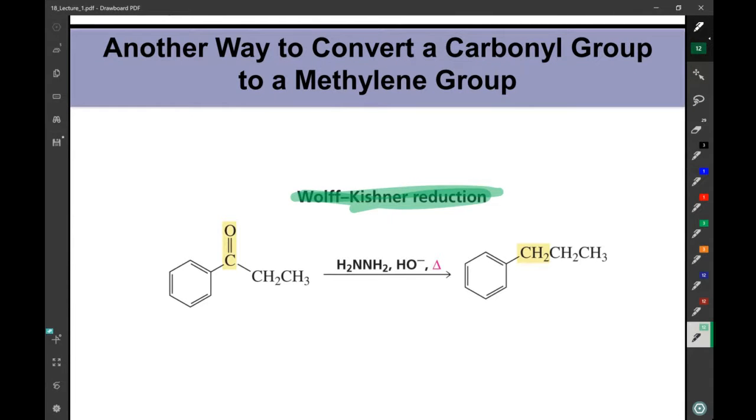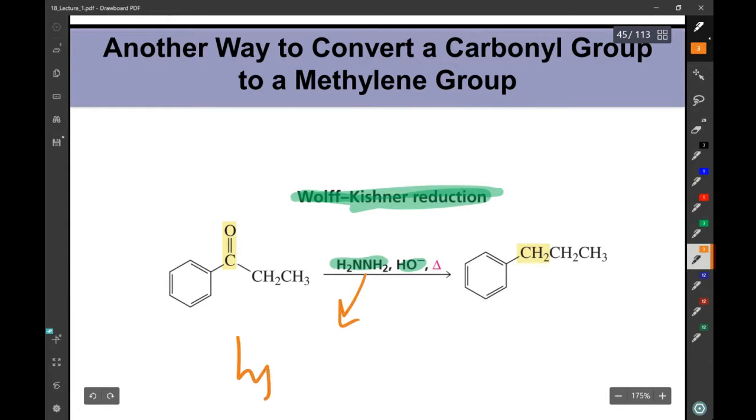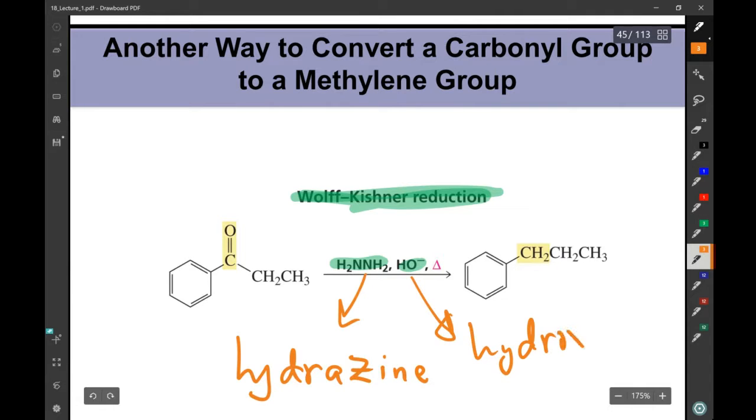In the Wolff-Kishner reduction, you use hydrazine in the presence of hydroxide. This guy here is called hydrazine. That reduction is called the Wolff-Kishner reaction.